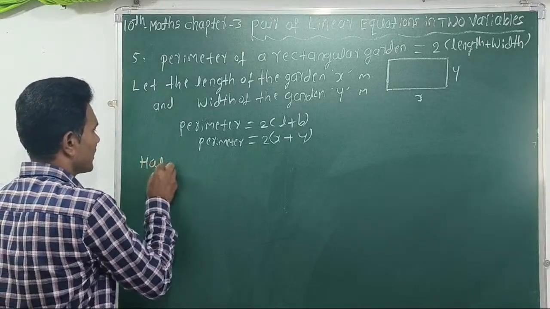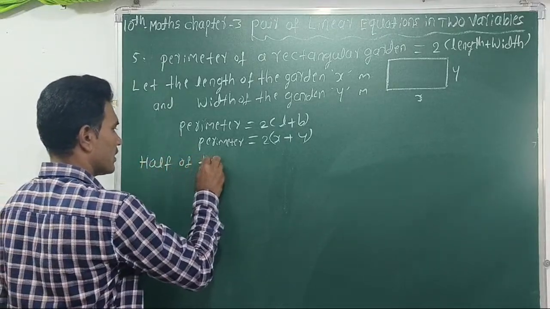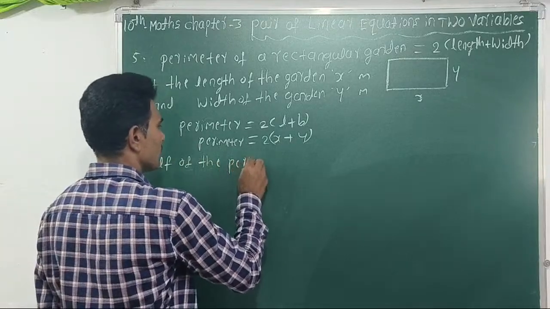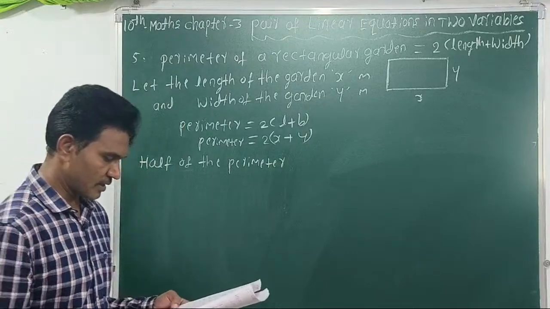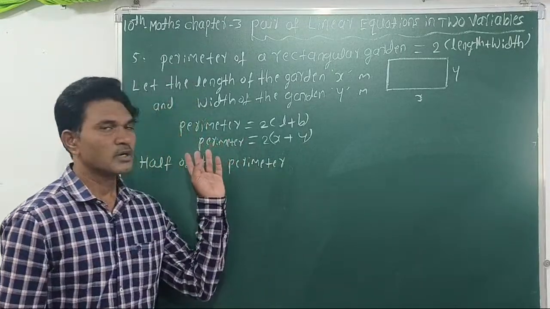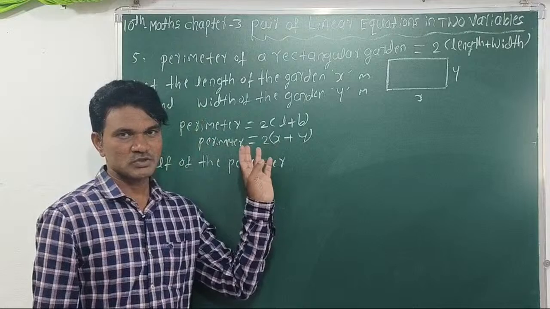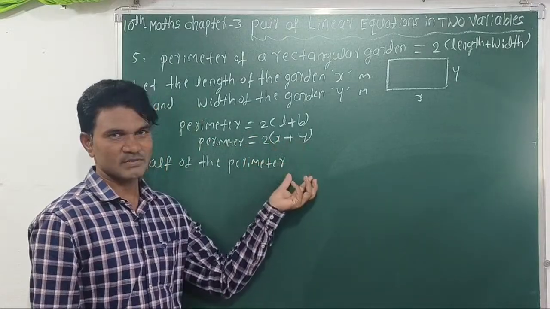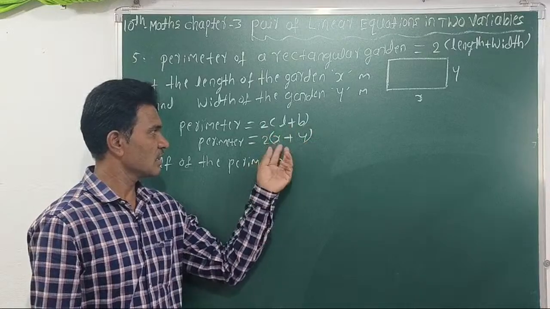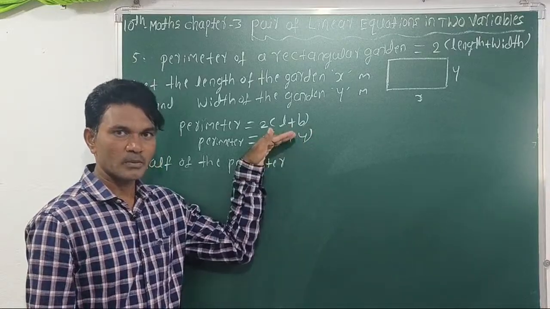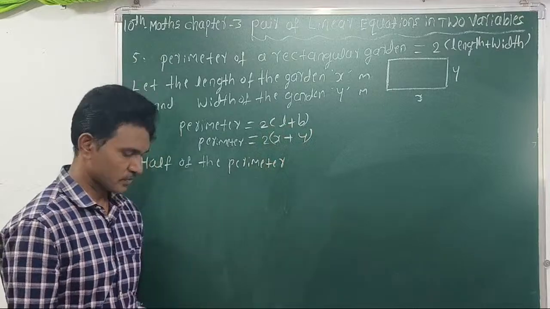Half of the perimeter, they have given this. Total perimeter is 2 into x plus y. Half of perimeter means only x plus y, because 2 into x plus y means here x plus y are 2. Half of this means only x plus y.